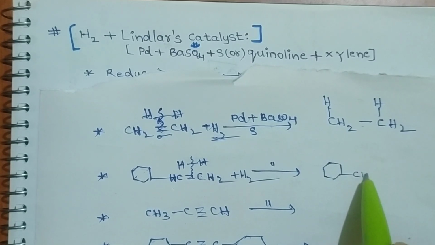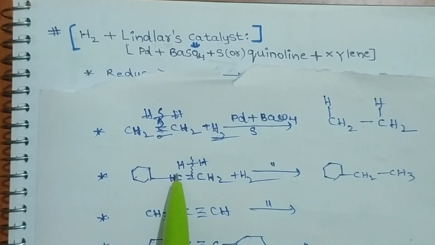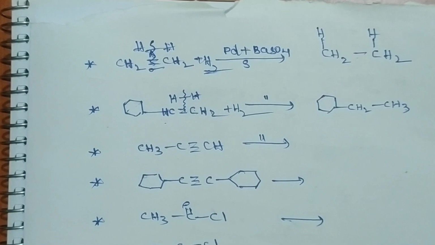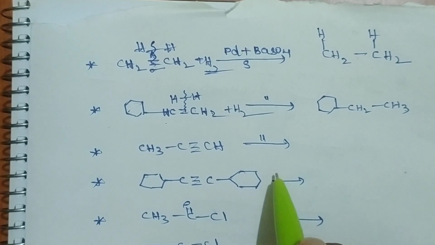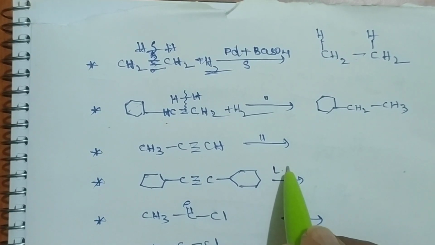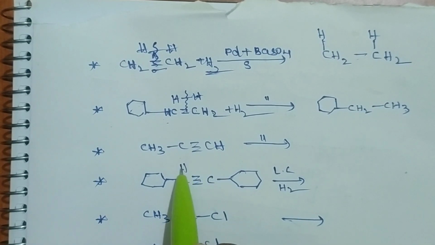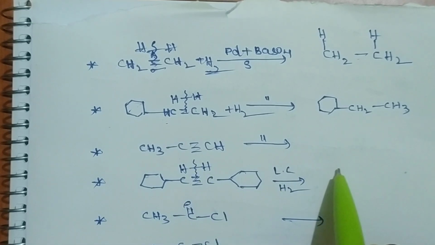Then we are going to get the syn product, CH2, CH2, CH3. Okay, the next given compound is an alkyne. Whenever it is reacting with Lindlar's catalyst by the addition of hydrogen, reduction, the pi bond is broken, and hydrogens are added.